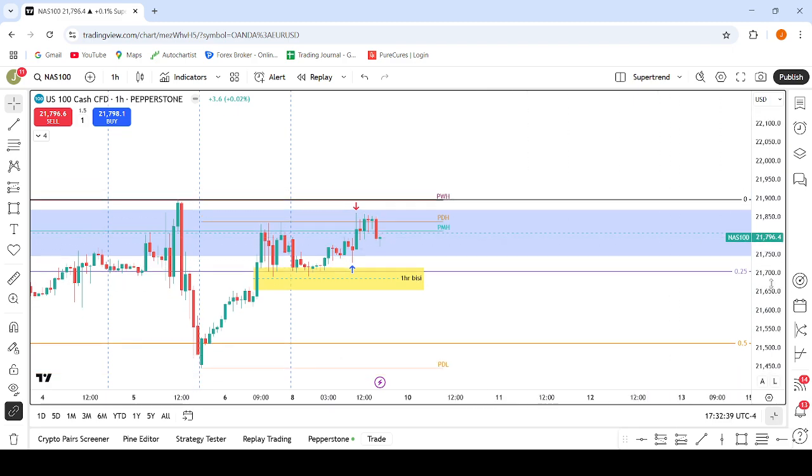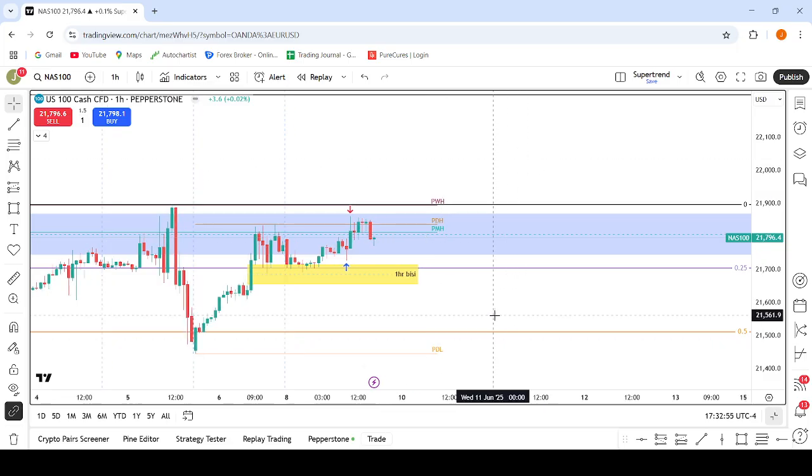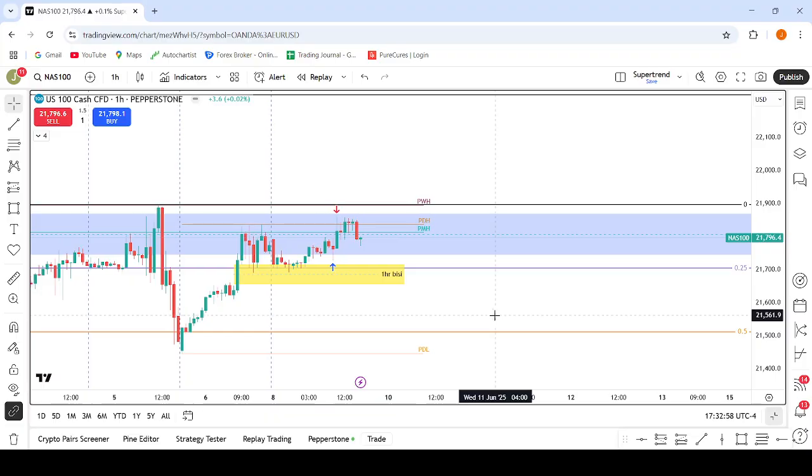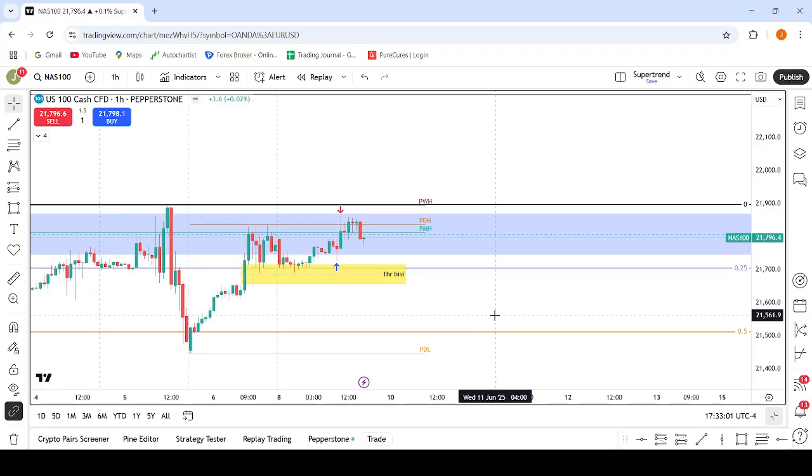So that's where I'm thinking. Also 50% of that price range here. So it is looking like we should go above here, but I guess it's just a question of when. So we'll wait and see what happens tomorrow morning. And then with CPI, we have to wait till post CPI to see what happens.